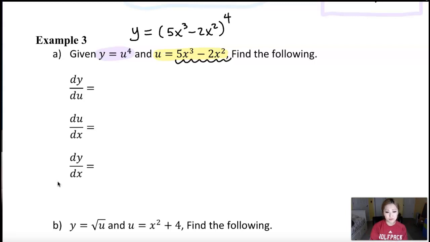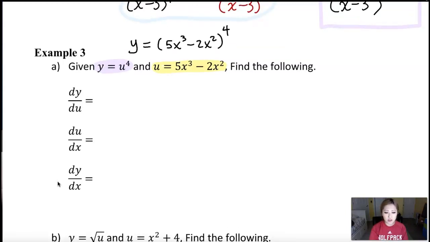So you see, they broke down this composition of functions into two pieces. They told you what y is in terms of u. And then the second function, they told you exactly what u is. So if you want to find the derivative of this, how about we do that first, and then we play with these different looking pieces, okay?